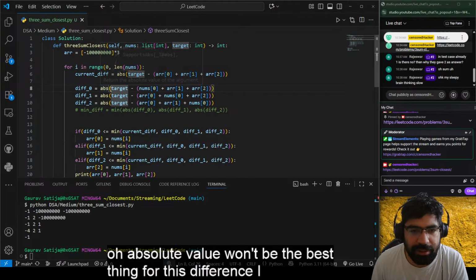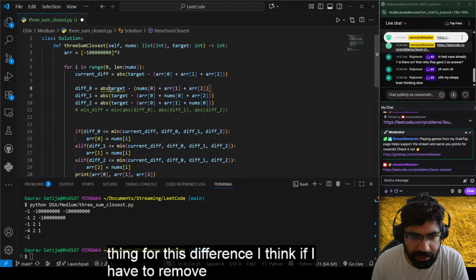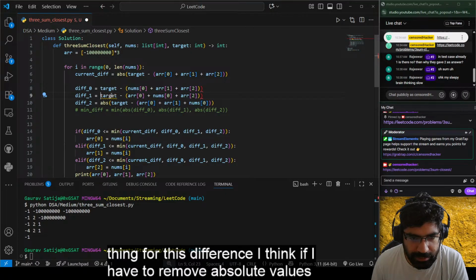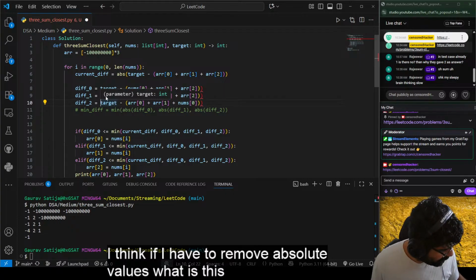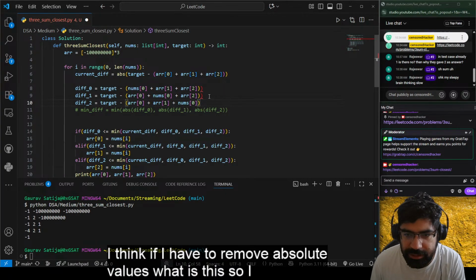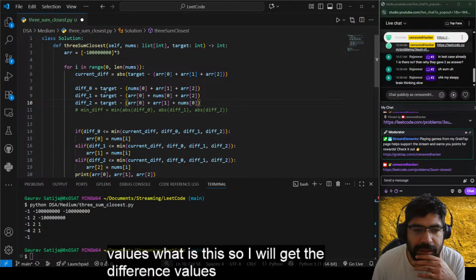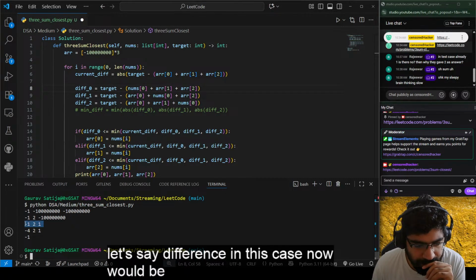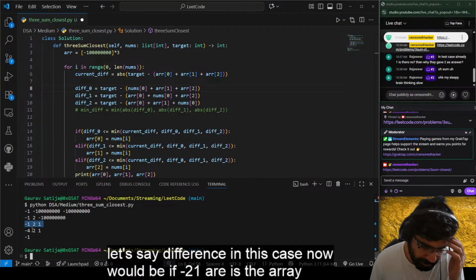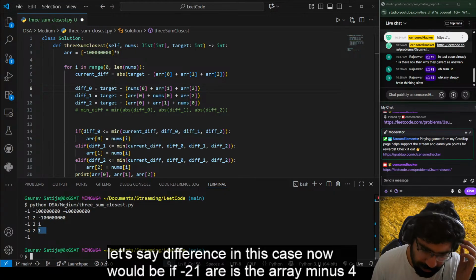So I think if I have to remove absolute values, what is this? So I will get the difference values. Let's say the difference in this case, if -2, 1 is the array, -4, 2, this will be -1.